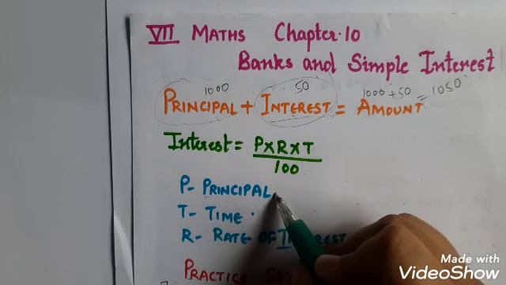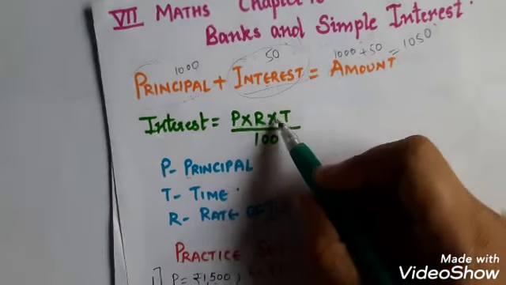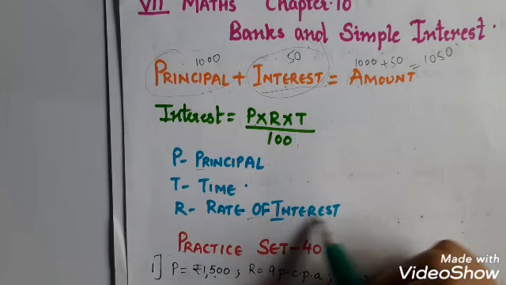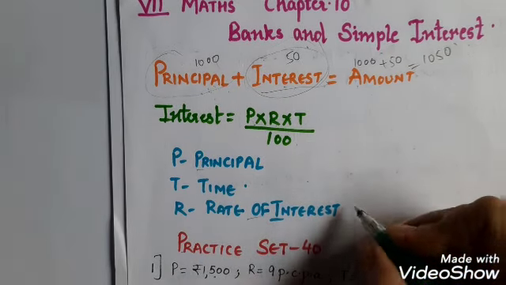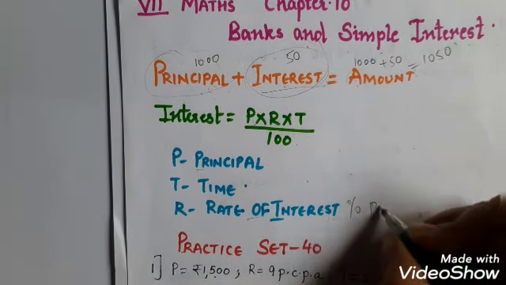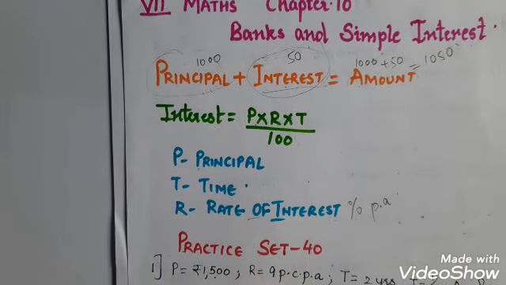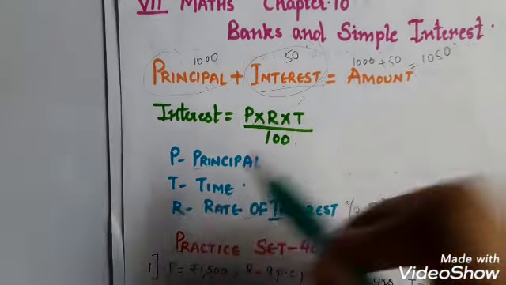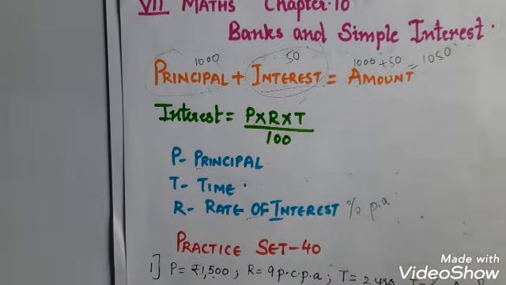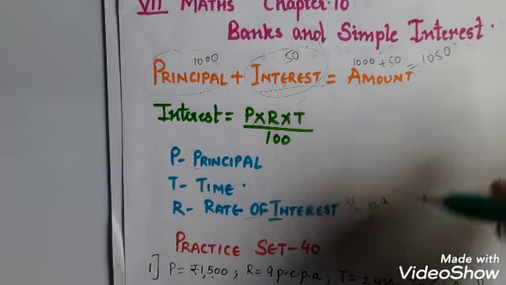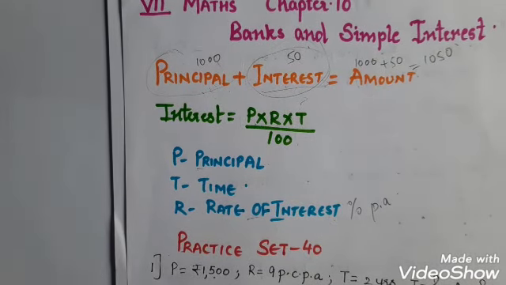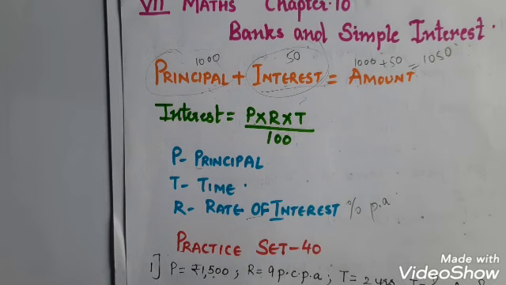P stands for principal, R stands for rate of interest, which is always in percent per annum, and T stands for time. So these are the two formulas which we will study now, and we will solve the sums based on these two formulas.